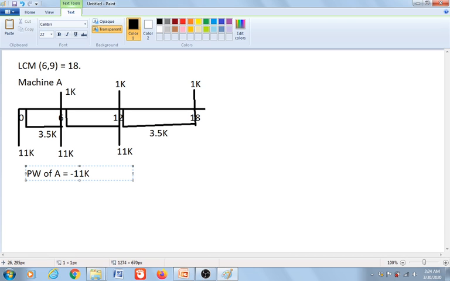Then minus the operating and maintenance costs we pay every year from year 1 till the end of year 18. That's an A, but we need to calculate P, so it will be 3.5k times P over A, 15%, 18.